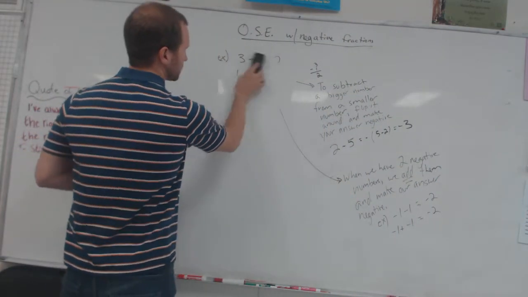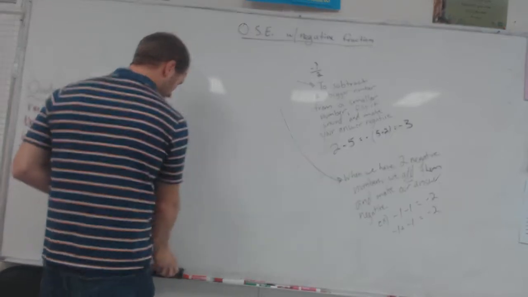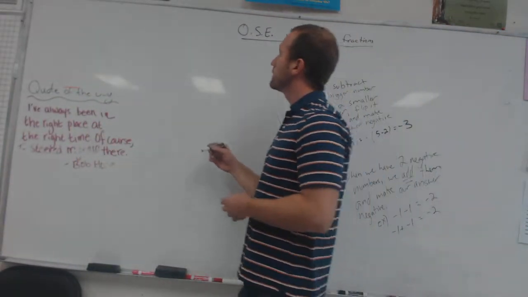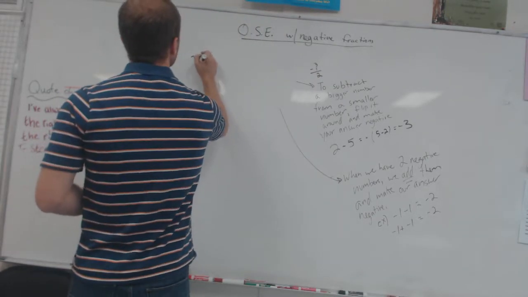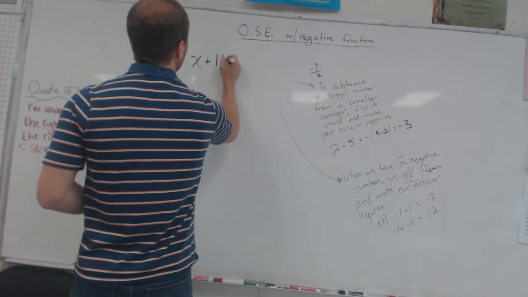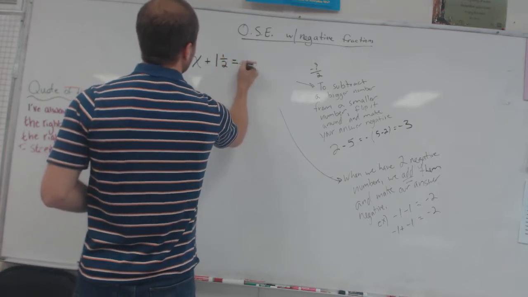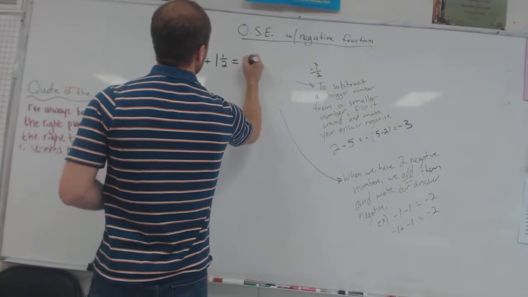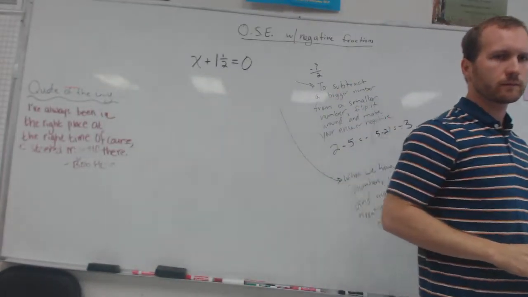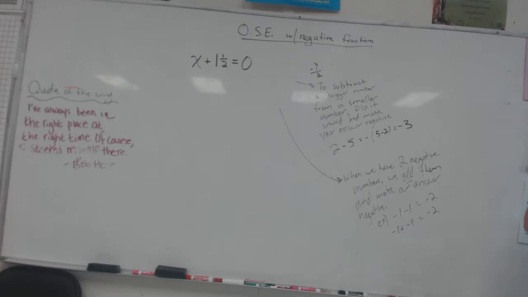Let's do some algebra. Don't erase the second part. I will. I'm going to do some algebra. You guys ready? x plus 1 and 1/2 equals 0. What's my first step here?